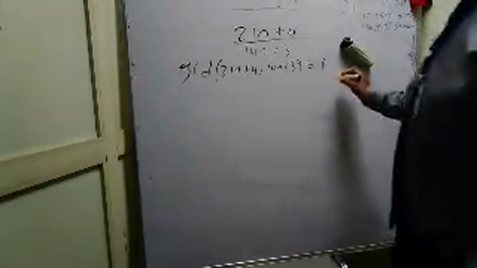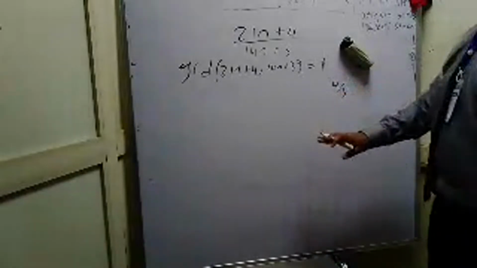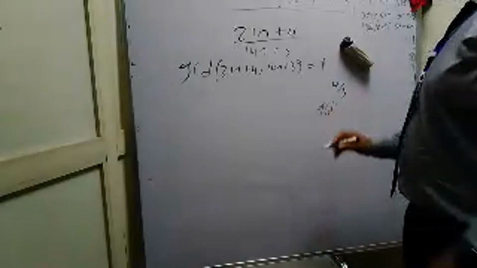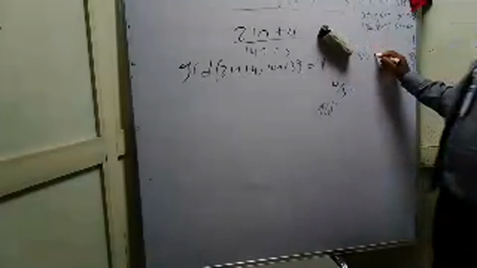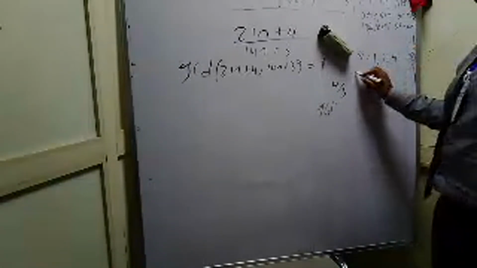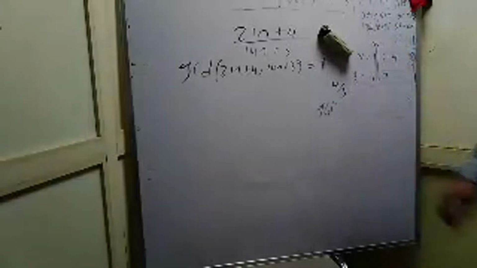That is the greatest common divisor, the GCD of 21n plus 4 and 14n plus 3 must equal 1. Just like for 4 and 3. If you write 4 and 3 in their factors, the factors of 4 are 1, 2, and 4, and the factors of 3 are 1 and 3. So the greatest common divisor here is 1.